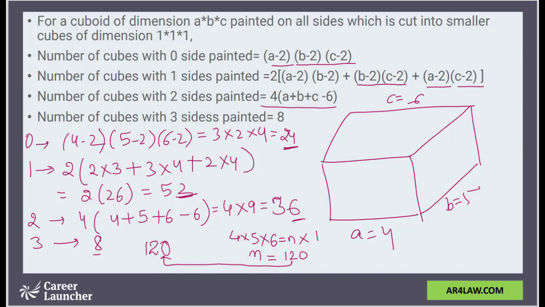So that's how you can cross check your answers, and that's how you can solve a question given on a cuboid being painted on all the sides. Just put these formulas into application and you could crack a question based on cubes or cuboids in a much lesser amount of time than by manual counting.